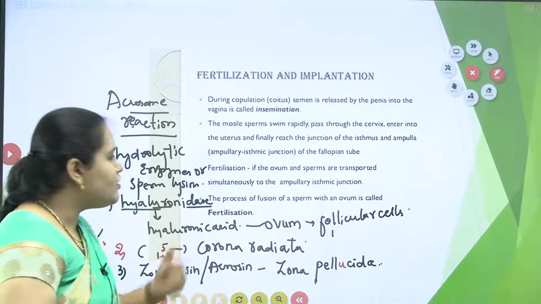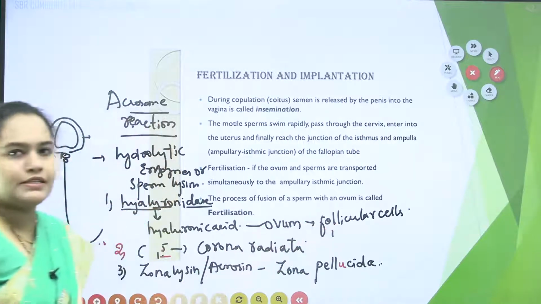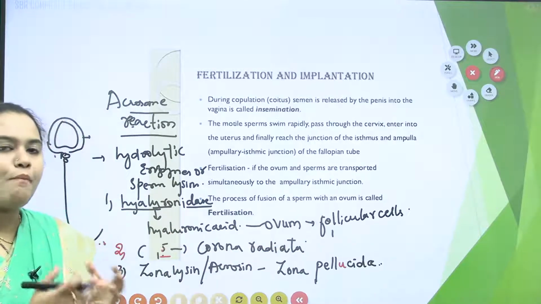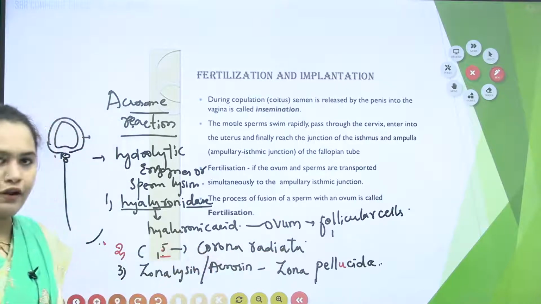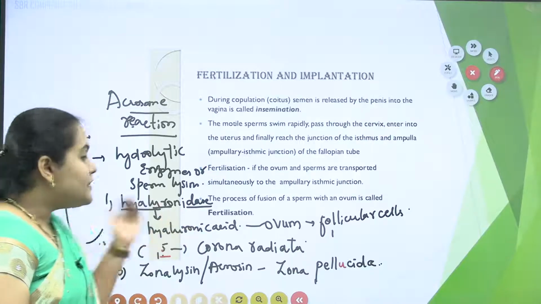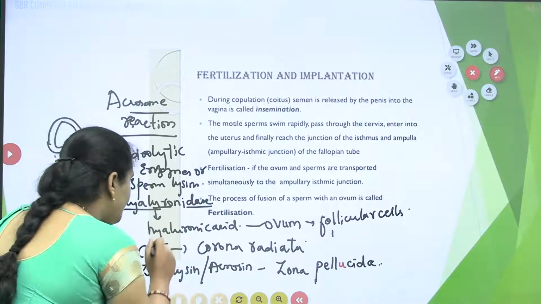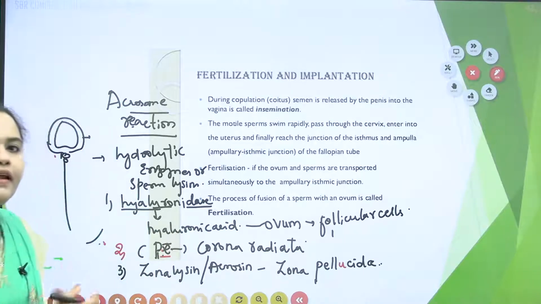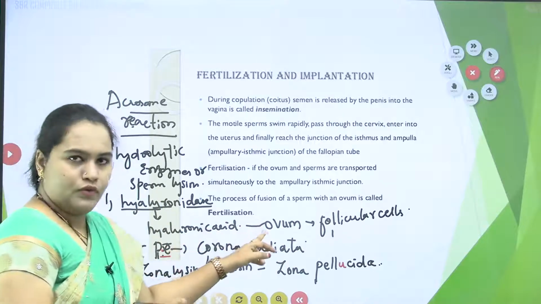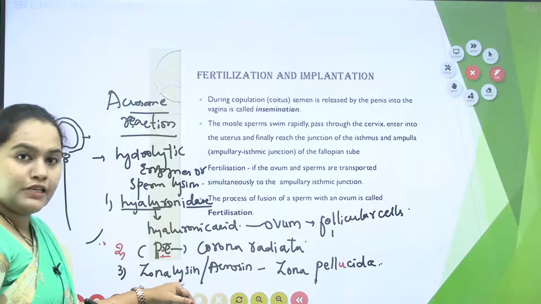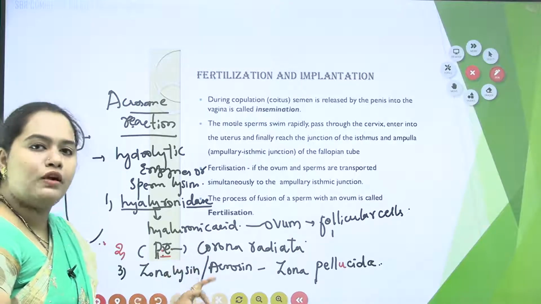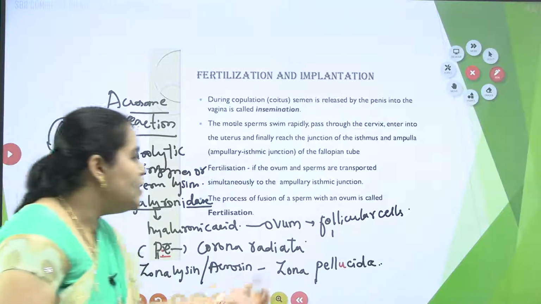It will dissolve the hyaluronic acid present between the follicular cells, which cements them together. The next enzyme is the corona penetrating enzyme, which dissolves the corona radiata surrounding the ovum. The next enzyme is the zona lysin, also called acrosin, which helps in dissolving the zona pellucida.